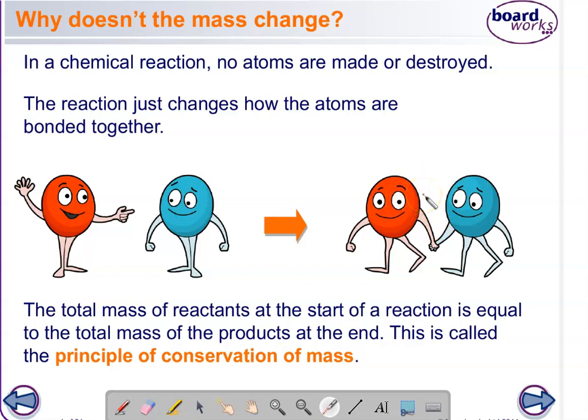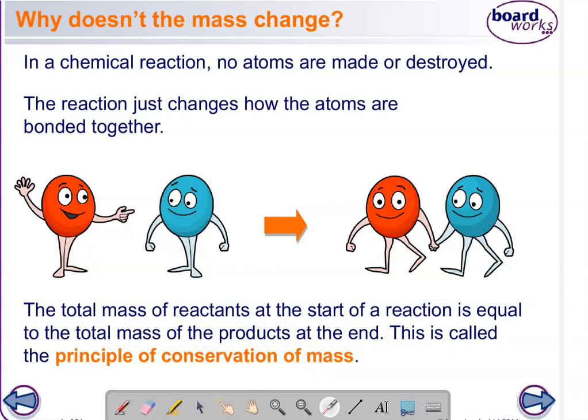Okay, so the whole principle is that the principle of conservation of mass says that no atoms are destroyed or created in a chemical reaction. The total mass of reactants at the start of a reaction is equal to the total mass of the products at the end, and this is called the principle of conservation of mass.